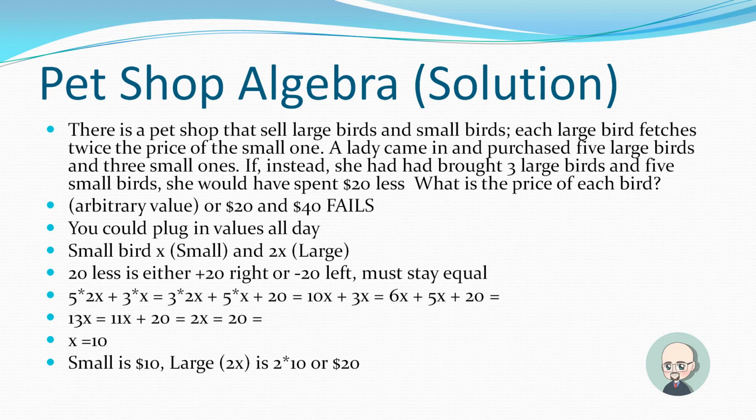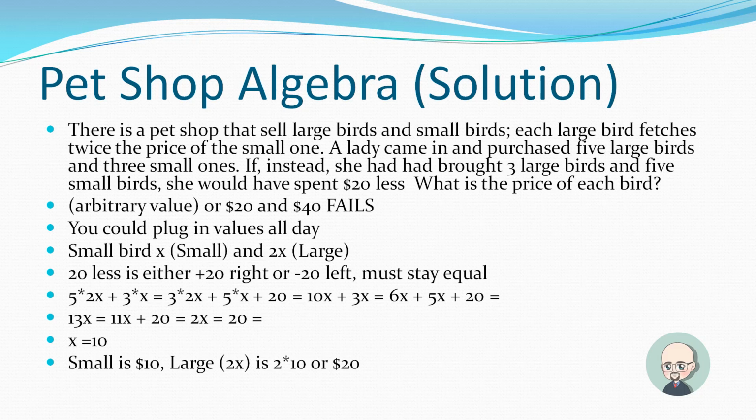So 5 times 2x, that's the large birds, plus 3 times x, which is the small birds, is equal to the 3 large birds, 3 times 2x, and 5 small birds would have spent the $20 less, so we have to add 20 to that, because since it would be $20 less, we can't have both sides of the equation being unequal. That's why we're adding the 20, if you're confused about that.